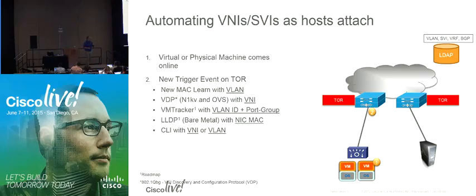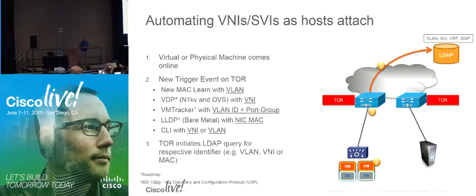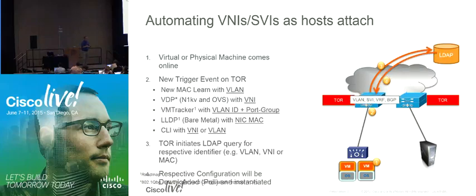I can give you more information like a VLAN tag, for example, or a segment ID. With this, I go and query a repository, a configuration repository, where you see an LDAP. Depending on which trigger I use, I have a different identifier and go and get this information out of that database and instantiate it down on the switch.